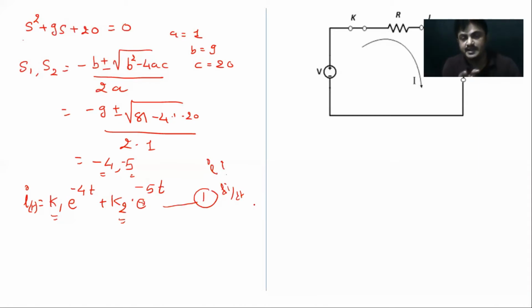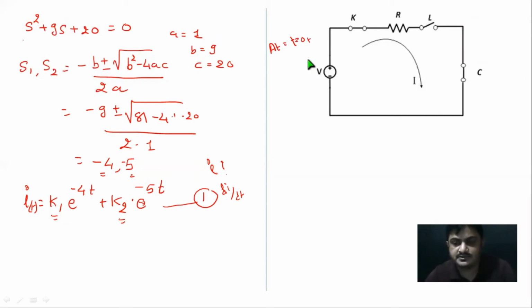But most of the time in our previous lecture, we were starting with t less than 0 minus, t equal to 0 plus, and t greater than 0. So now let us consider the situation at t equal to 0 plus, that is exactly just after the switching.